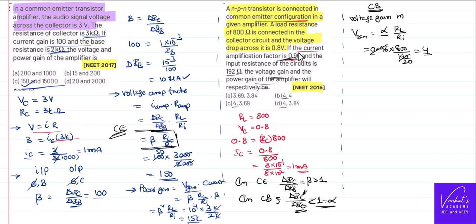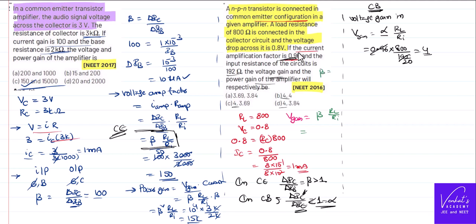So what he has calculated is for common base, because if we calculate voltage gain here, for example, just to tell you, voltage gain in this configuration could be written as beta into RL by RI. Beta we have to find out using a formula.